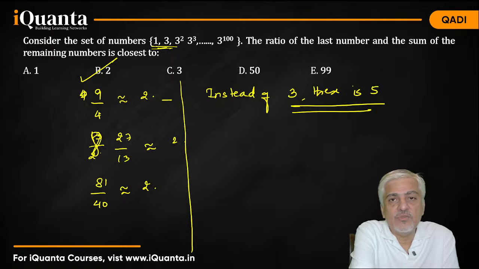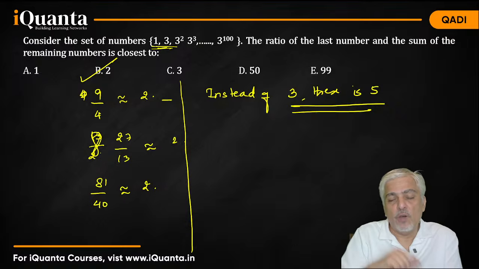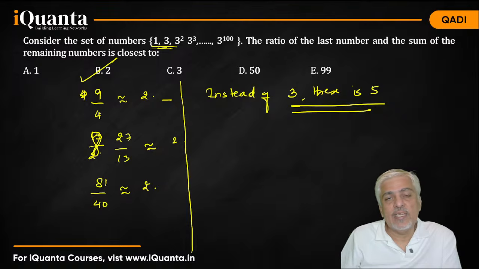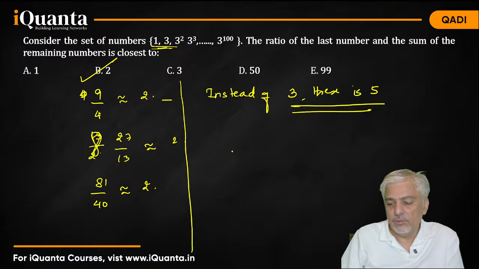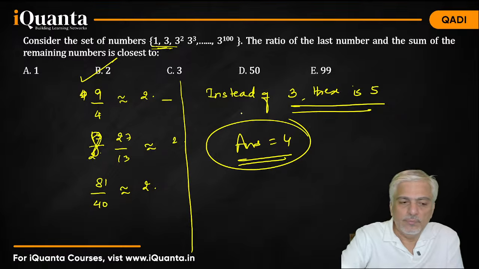Instead of 3, if there is 5, the answer will directly be 4. Because in that formula which we did behind, except r minus 1, everything else was the same. So r minus 1 will become 4 and that will be the answer. So in this case, the answer would have been 4. This is also an actual XAT question.